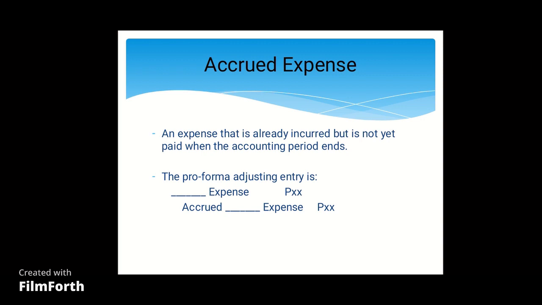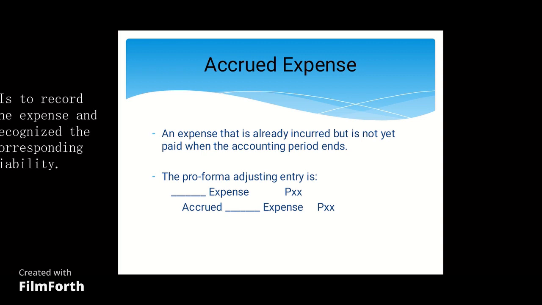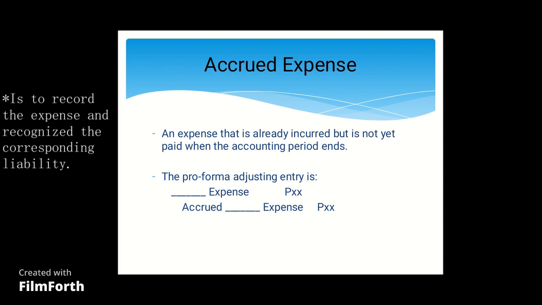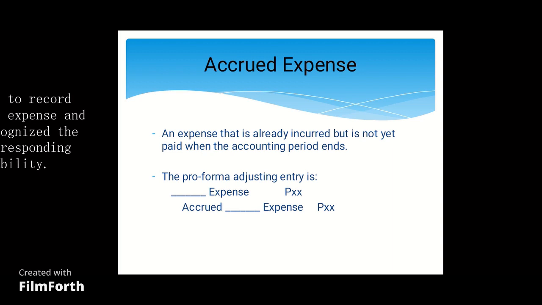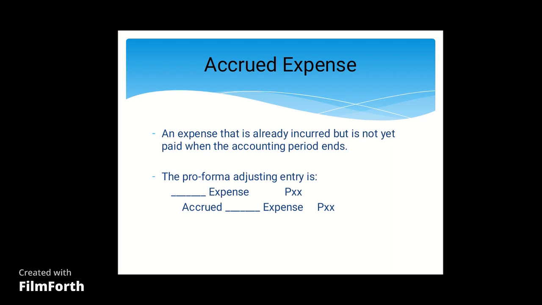Therefore, the purpose of the adjusting entry is to record the expense and recognize the corresponding liability. So the pro forma entry is debit blank expense, and our credit side is accrued blank expense.